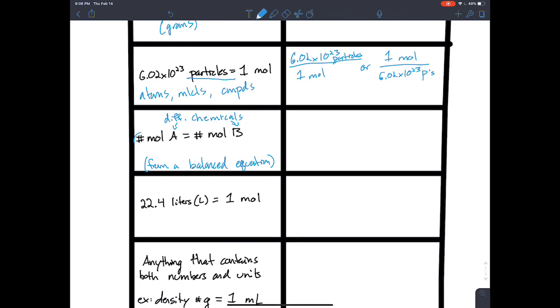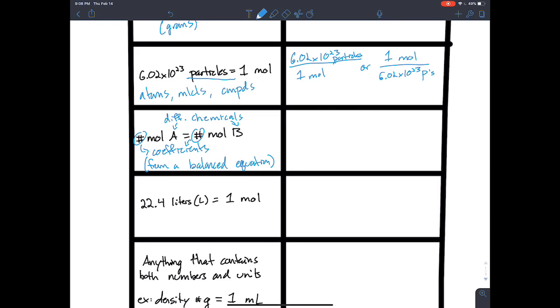And the numbers are coefficients, okay? So you have different numbers and you have coefficients in front of them. So this is a balanced equation. So for X moles of A, you have Y moles of B. That's what this is trying to say.